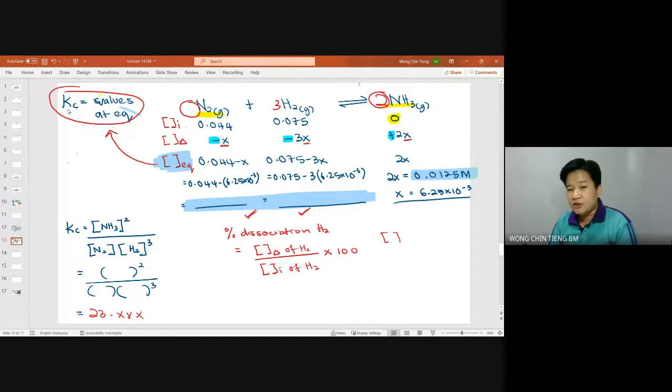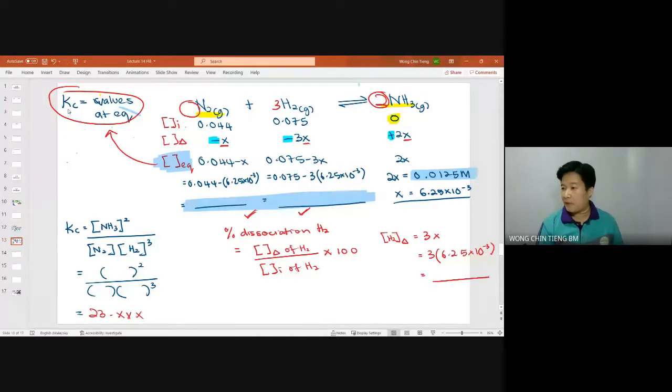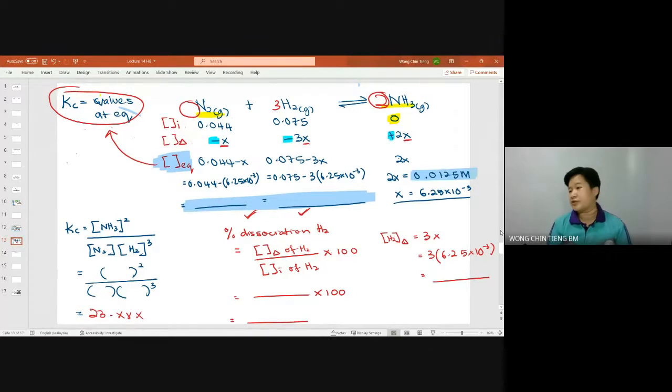The concentration change of H2 equals 3x. Knowing that your x is 6.25 times 10 to the power of negative 3, you get it here. That is the change of the hydrogen. Substitute in, with the initial given, times 100, and you will have the percentage dissociation.